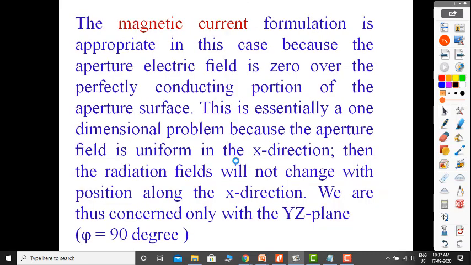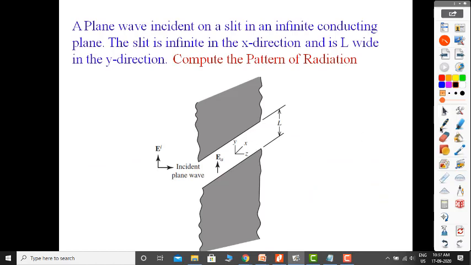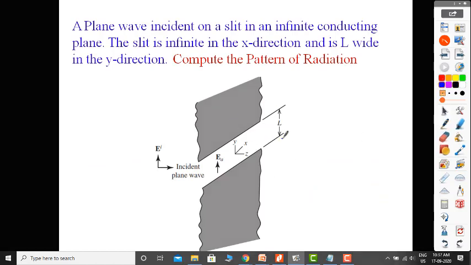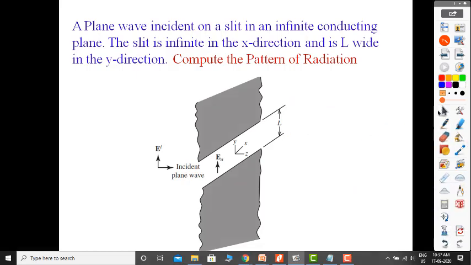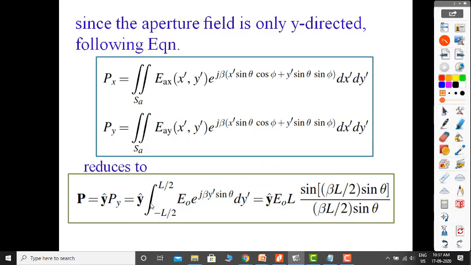Therefore, the integral is over minus L by 2, the lower edge, to plus L by 2. So the integral that we have to take is over this range, of the electric field E0 e raised to j beta y cap.